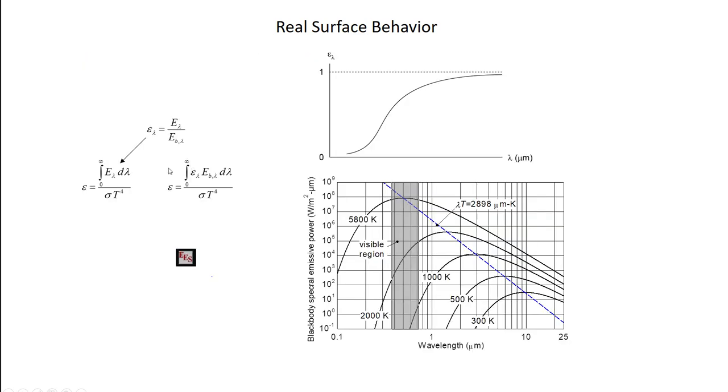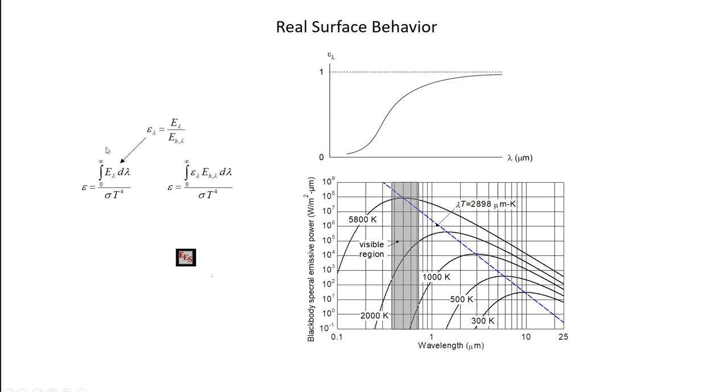If this is my hemispherical emissivity, which is a function of wavelength, and it starts low and goes high, the total hemispherical emissivity isn't just some kind of average of this. You actually have to know the temperature of the surface.